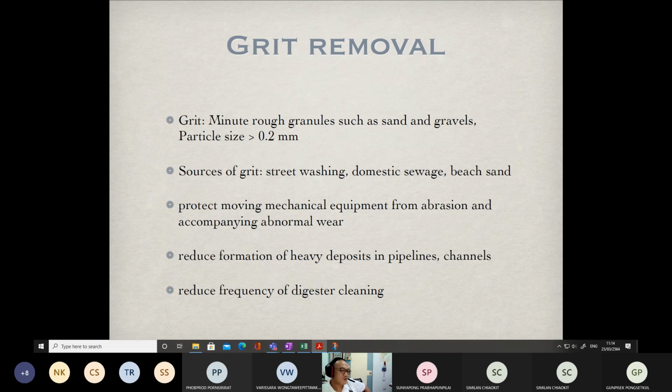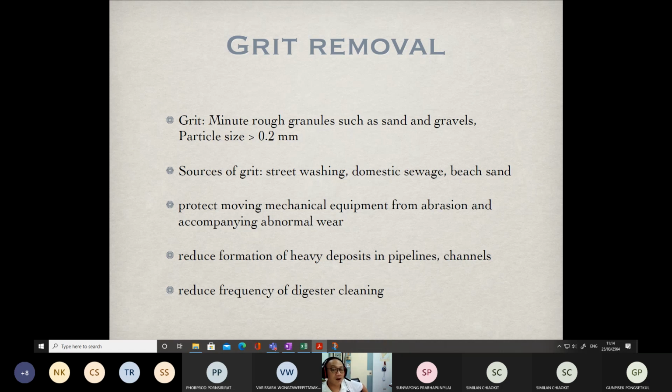And of course, especially for the biological process in both aeration tanks and even the digester, if we could remove sands and gravel, we can actually minimize the frequency of cleaning. Cleaning the digester, the operator may need to do it once in a year or once in 2 years.